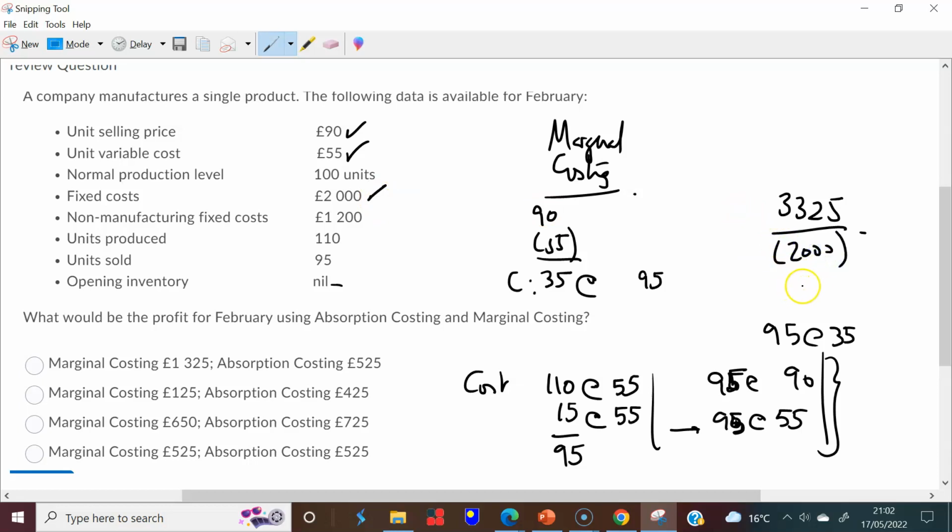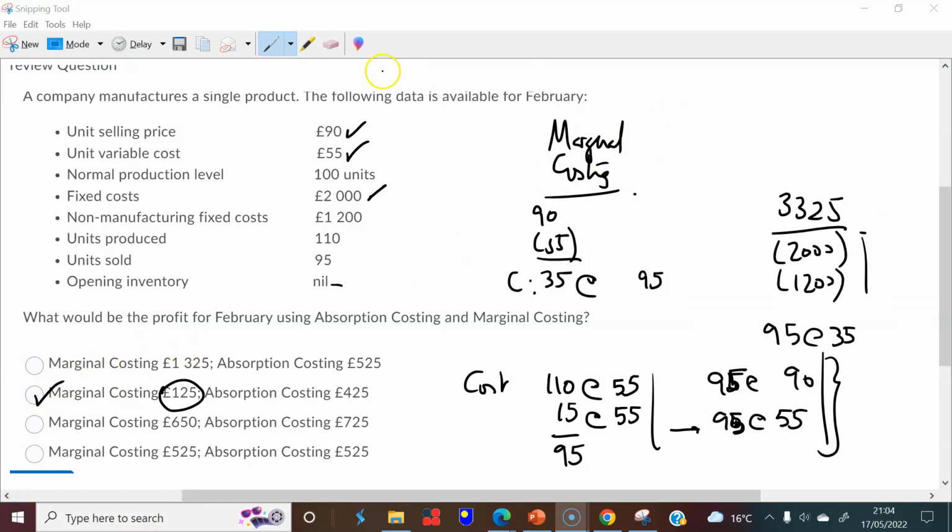So take away the fixed costs, and then also take away the non-manufacturing costs as well, because these are just period costs. So that minus 2,000 minus 1,200 leaves you with a marginal costing profit of 125. So actually, for the purposes of the exam, we know this is the answer here.